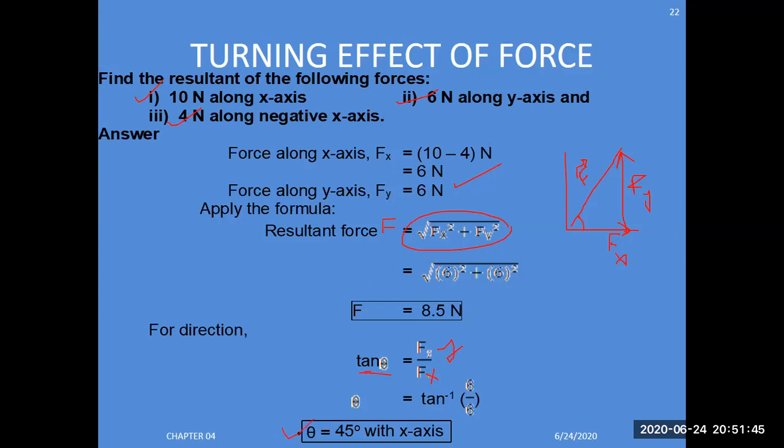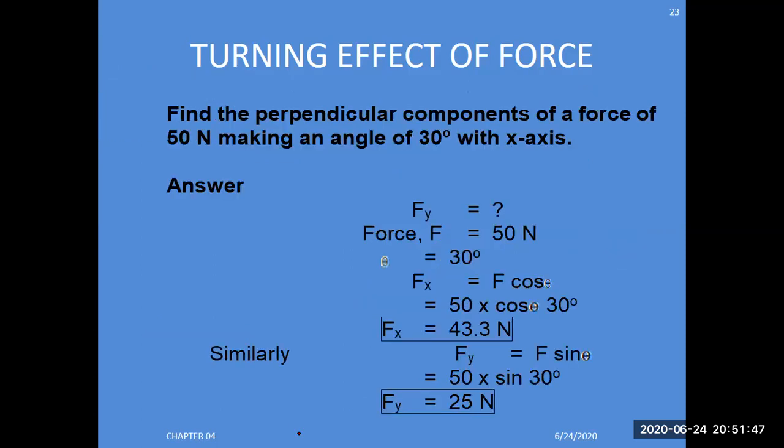The angle is 45 degree. If you look at the next one: find the perpendicular component of a force of 50 Newton making an angle of 30 degree with x-axis. Component of the force of 50 Newton, here is the figure, and you see how much angle it is making along x-axis.